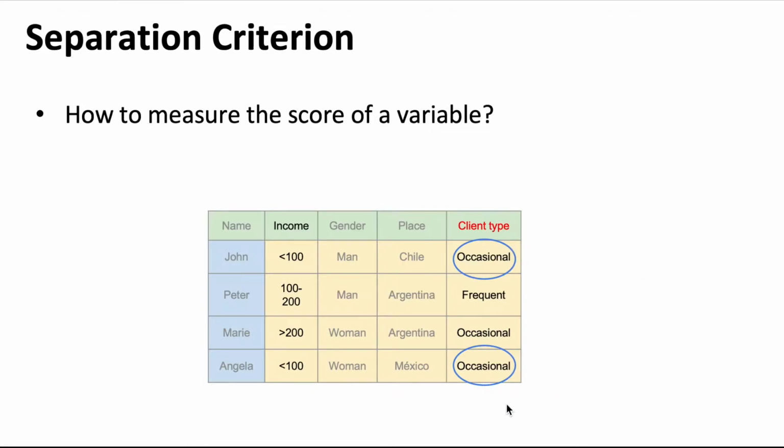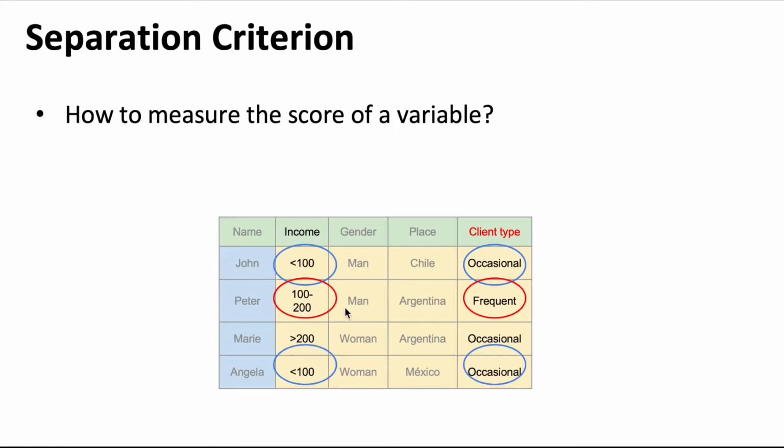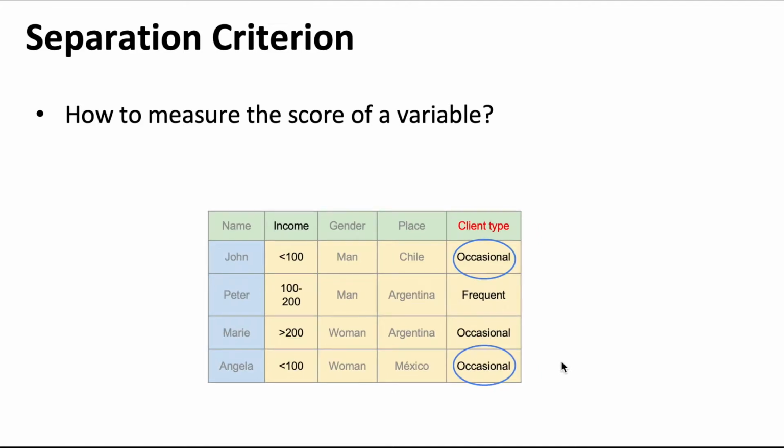So in the previous slide, we saw that we want that for changes in the variable, we have also changes in the class. But now here we want that when we do not have changes in the variable, we hopefully have the same value of the class.